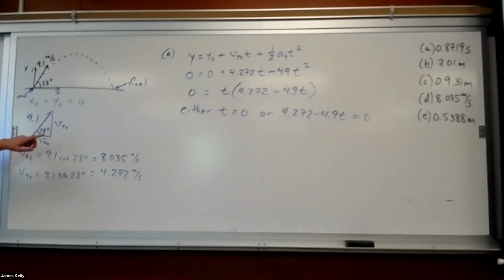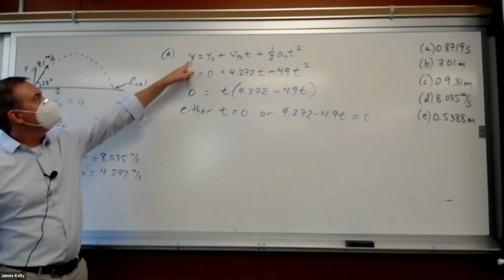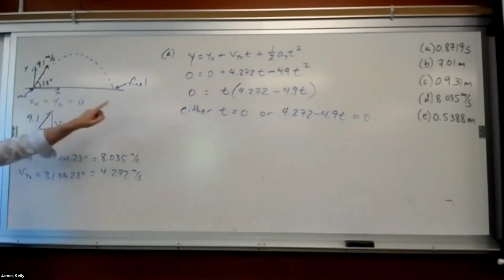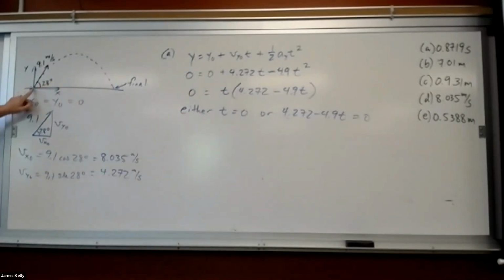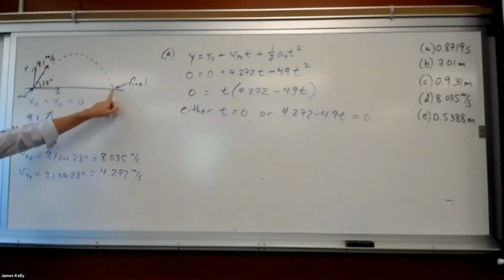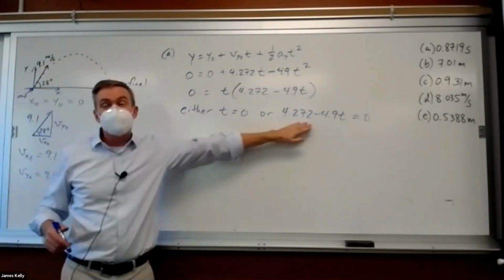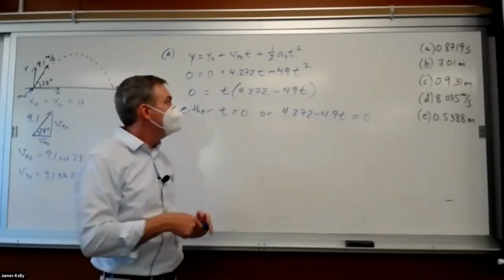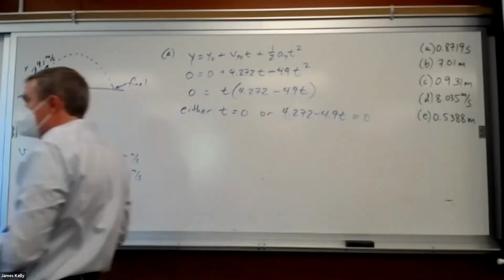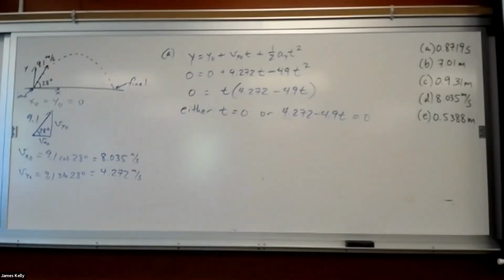Well, the first factor being 0 corresponds to it saying, well, I want the final y and the initial y to be 0. Well, if I take the final and the initial to be at the same point, you'd trivially solve what I'm looking for, but that's not the one I'm looking for. I'm looking for the other time at which y is equal to 0. That must correspond to this equation over here. And I can easily solve for t there, a nice linear equation.